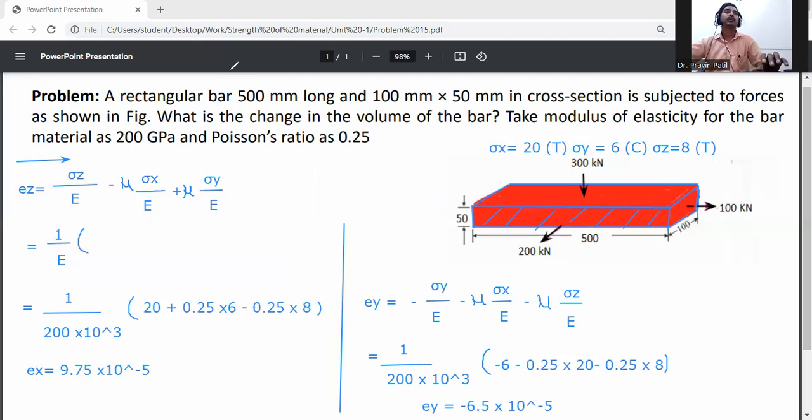So in bracket, sigma z. Put all these values here. Sigma z, how much is it? Put all these values directly. So 1 by E, 1 divided by 200 into 10 raised to the power 3, in bracket.